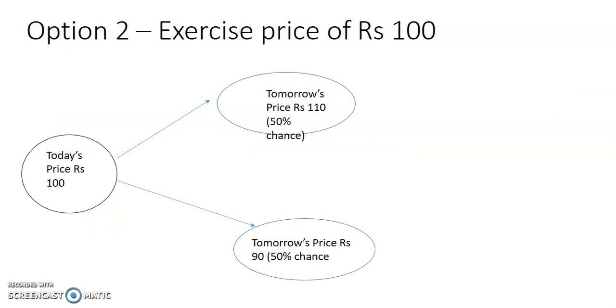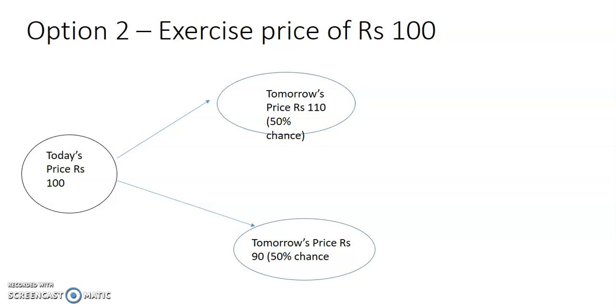Now let us think of another scenario. In this option, the exercise price of the same equity is now rupees 100, and let's say today's price is rupees 100. Suppose that tomorrow the price of the firm's stock will either be 90 rupees or 110 rupees.